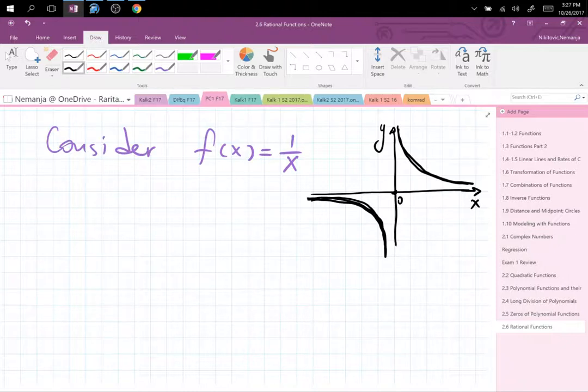So now that we have the graph in front of us, we can start asking just regular Precalculus 1 questions. Question number 1 is the question of domain. What can you tell me about the domain of this, looking at it?